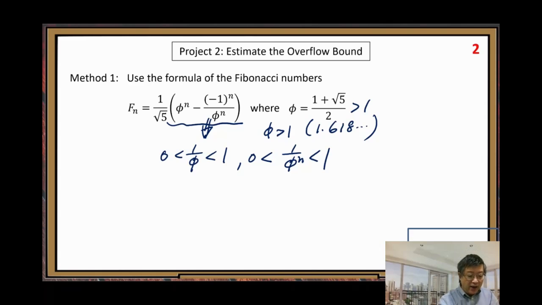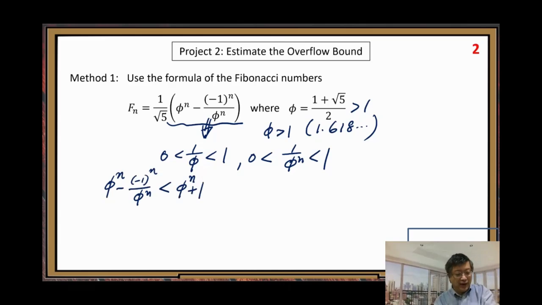Now we do the estimate in this way. We have phi to the nth minus this expression less than plus 1.